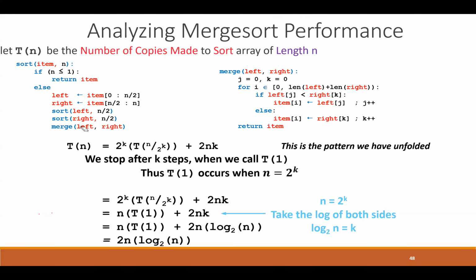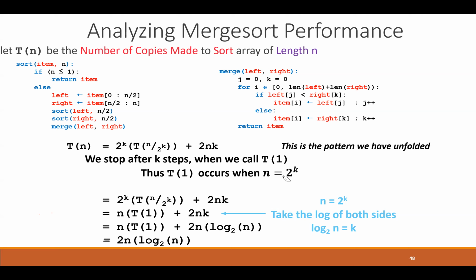And then I wanted to find a closed form, so I did some unfolding. I found a pattern. I figured out when the pattern ended, and then I used that to determine how many recursive calls were made. And then I could simplify and get a closed form. But it's still a guess. It's a pretty good guess, though. We took all the proper steps. We still have to prove by induction, but questions?